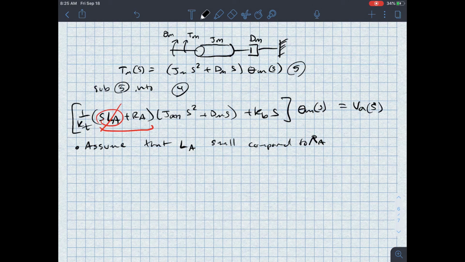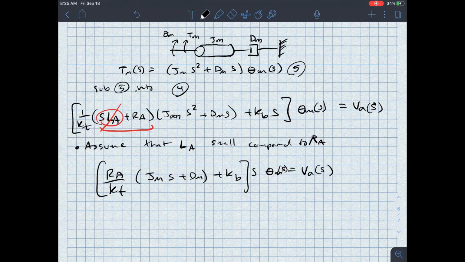Then I'm also going to pull out an s. So this is going to put me at Ra over Kt times Jm s plus Dm, plus Kb, all multiplied by s theta m(s) equals Va(s).